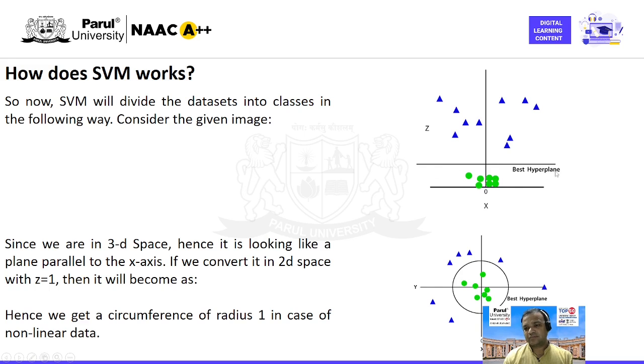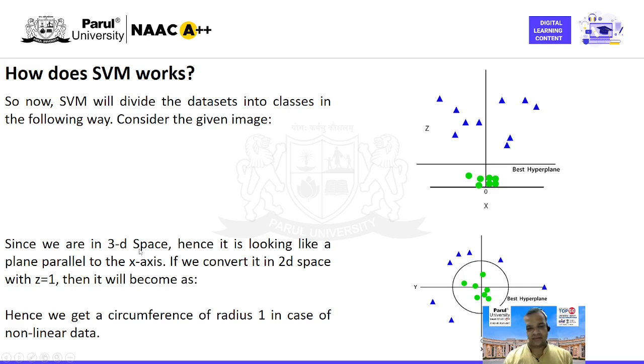There are three classes, first one, second one, and third one, but these are the same. So you can see here, this is the best hyperplane. Green is considered as a single class, and the remaining blue is considered as the other class.